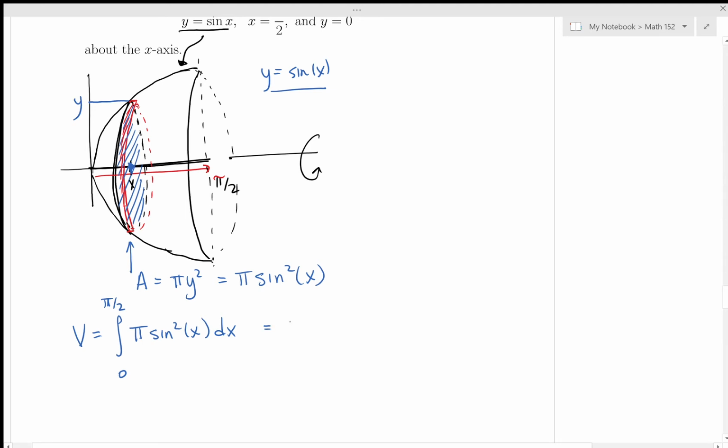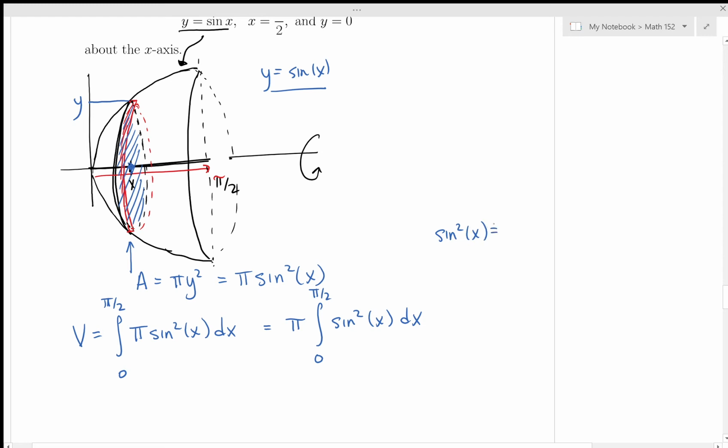I'm going to just factor that pi out of there. I'm seeing clearly that what I need to be able to do is integrate sine squared. And that's when I'm going to need the half angle formula. We've seen we needed the cosine half angle formula before. So let us get the half angle formula involving the sine squared.